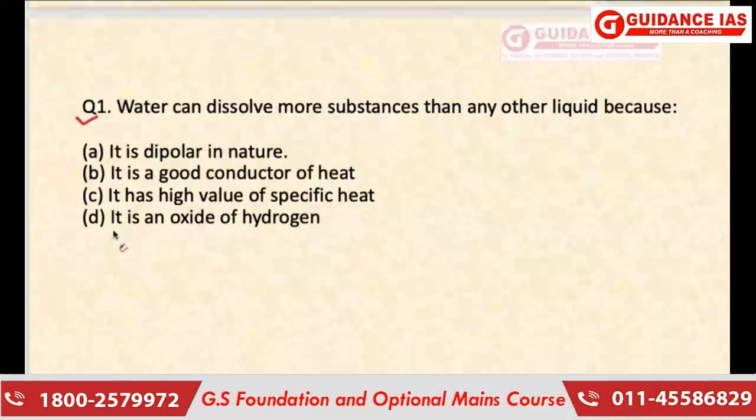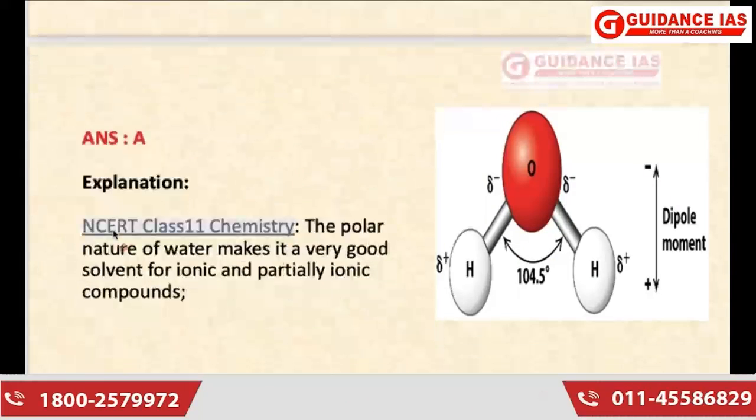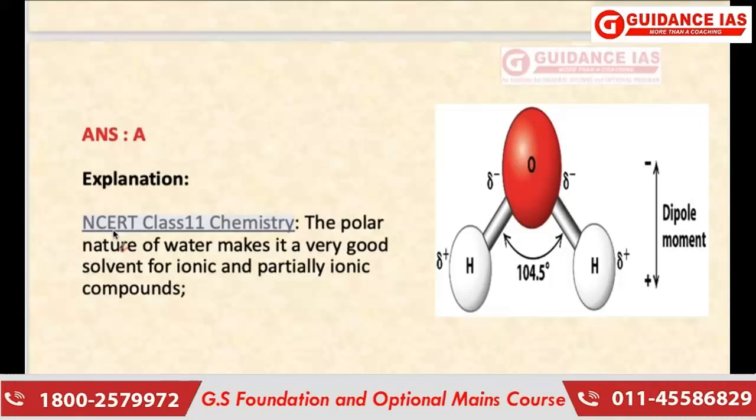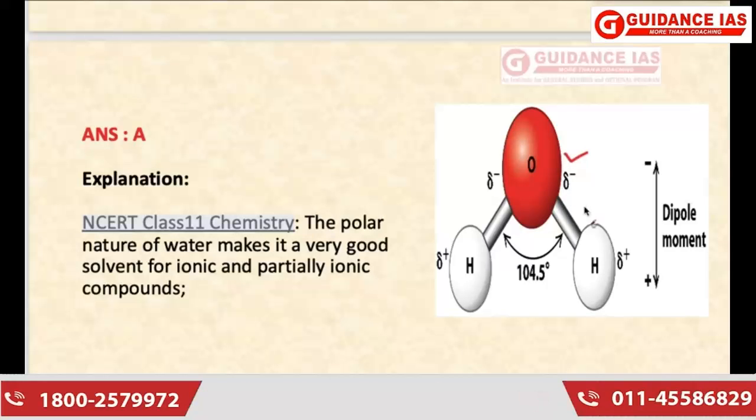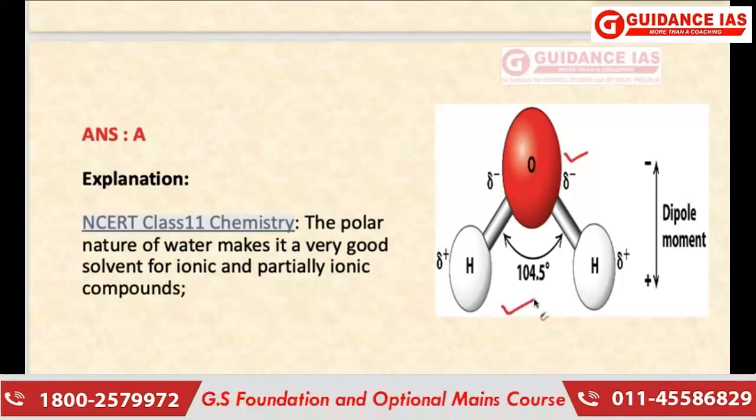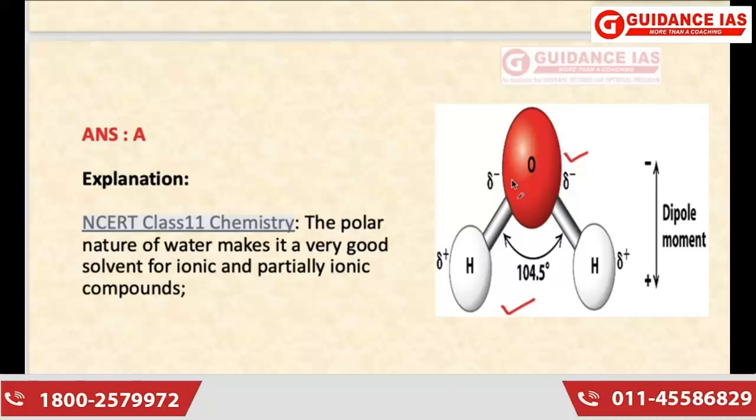For that I want you to look at this figure. This figure I've put for your more clarity. You can see that the water molecule has a polar arrangement of the oxygen and the hydrogen atoms, right? On one side hydrogen is present, which is positively charged, as you can see here, and the oxygen is present on the other side, which is negatively charged.